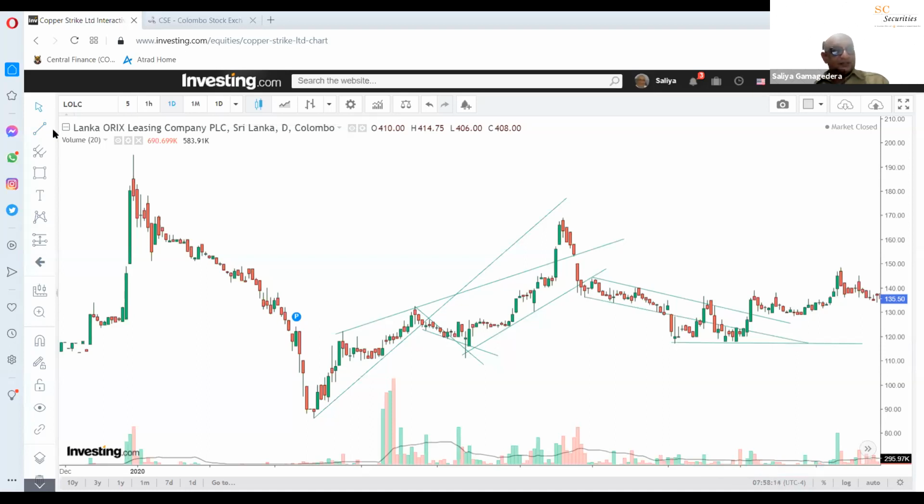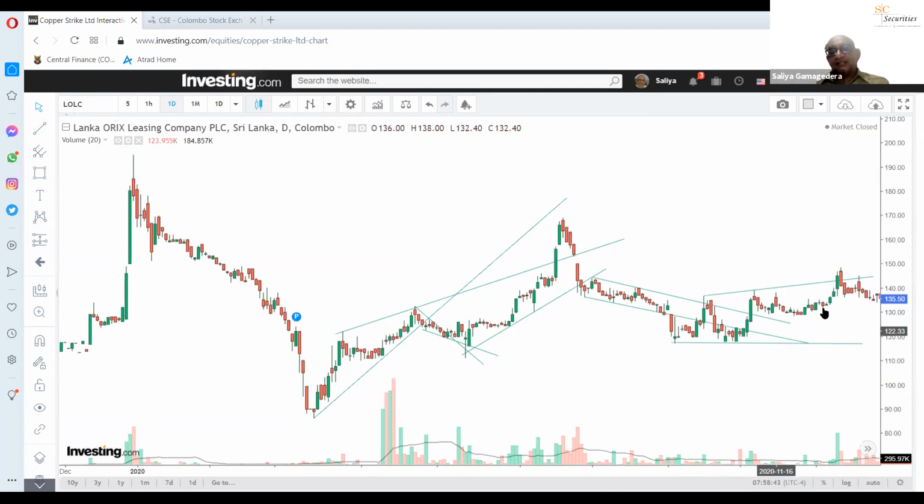So I'll be connecting those two and stretch forward. Right. Then while the prices were moving sideways within those two lines, we can see that there is an uptrend, in between those two lines.